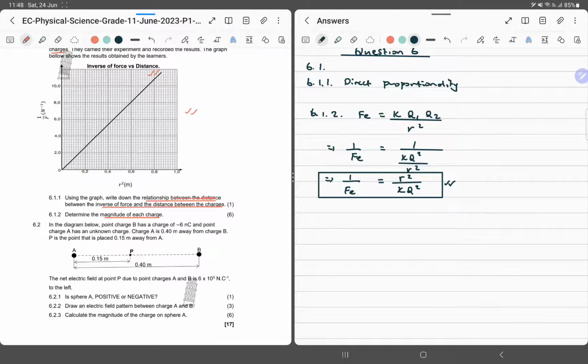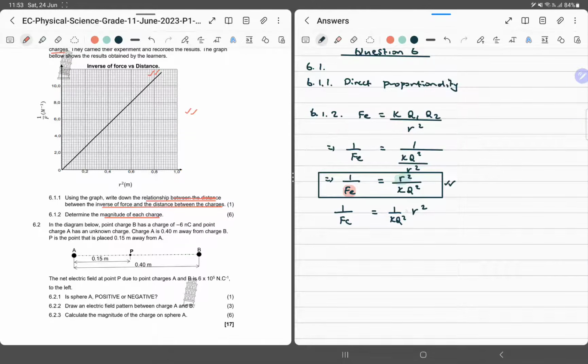Okay, so now what do we know? So we've got our variable R, and we can see here that the force is also a variable. So what is the constant here? So if we modify our force here, this is 1 over Fe is equal to 1 over K Q squared times R squared.